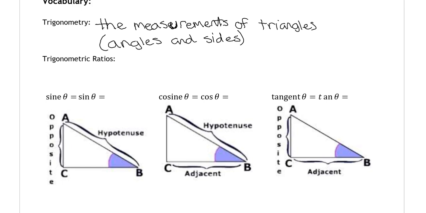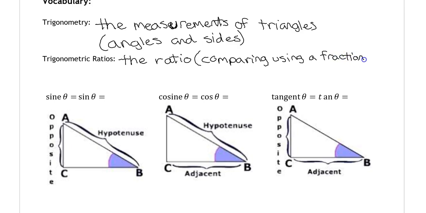Then we have these things called trigonometric ratios. Our trigonometric ratios is just the ratio, and a ratio is just comparing using a fraction of two sides of a triangle.